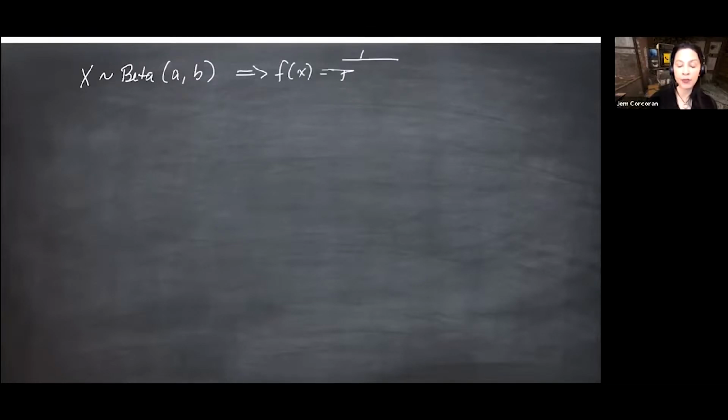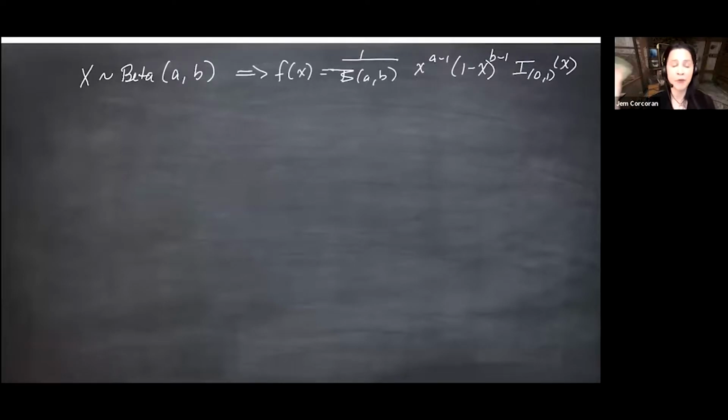If X is a random variable with the beta distribution with parameters a and b, those are non-negative parameters, that means the PDF is 1 over this thing called the beta function, usually typed up like a calligraphy B, and then x to the a minus 1, 1 minus x to the b minus 1, on the interval from 0 to 1.